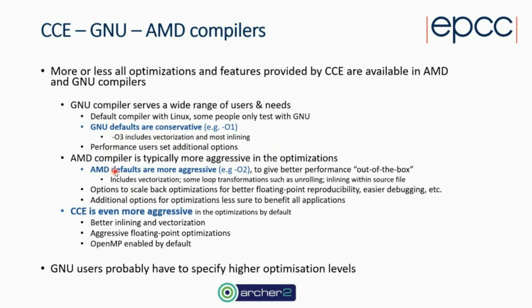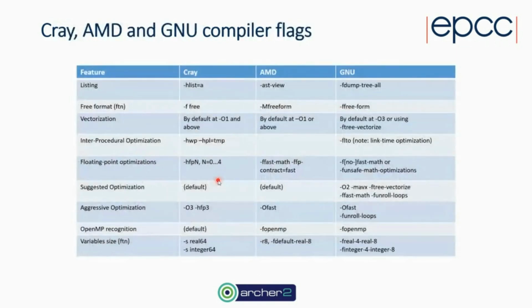The AMD compiler, we haven't had loads of experience with, but we have had some experiences. It's quite like the Cray one. It gives reasonably good performance out of the box, but there are some options to do more optimization or less as required. And there's some of this on the website, but this is the sort of idea.